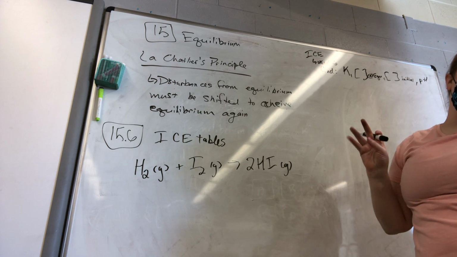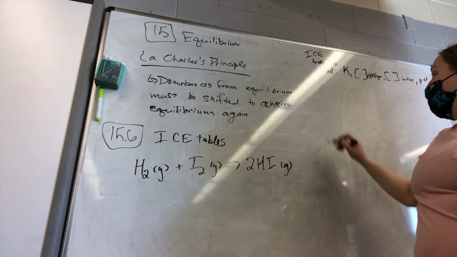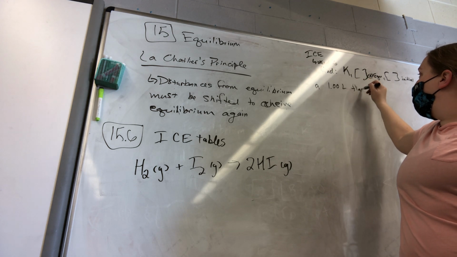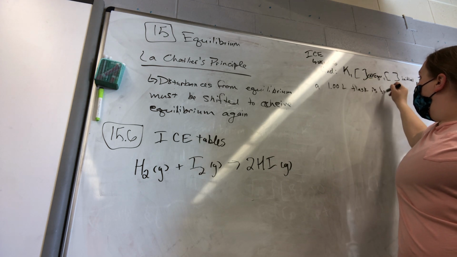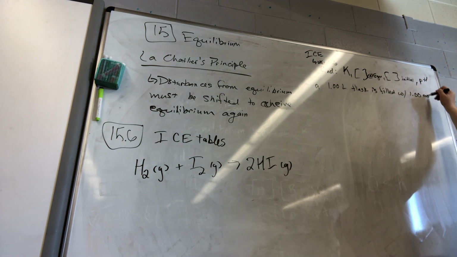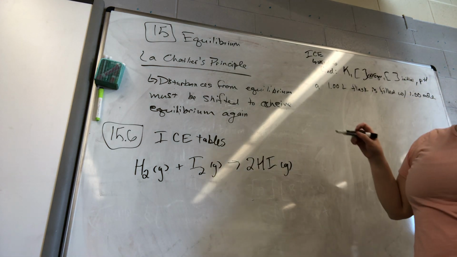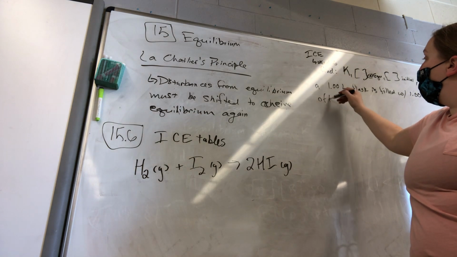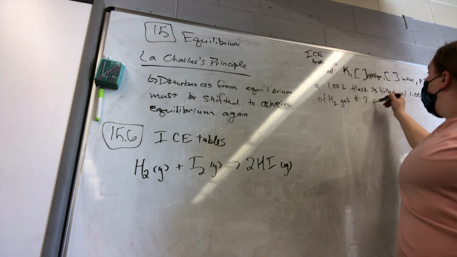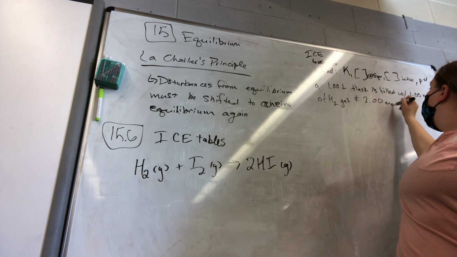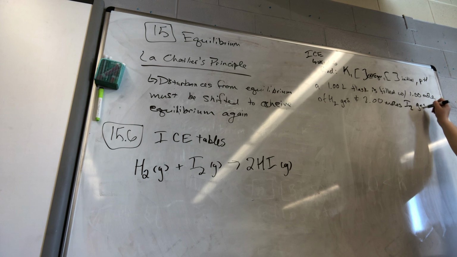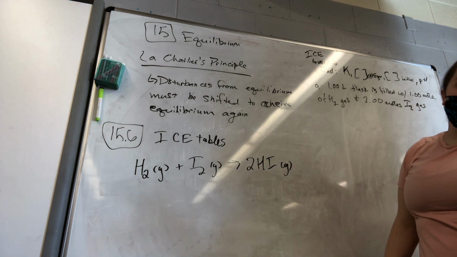The question says a 1 liter flask is filled with 1 mole of H2 and 2 moles of I2 at a temperature that doesn't change.